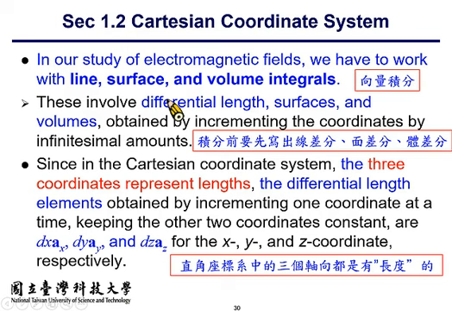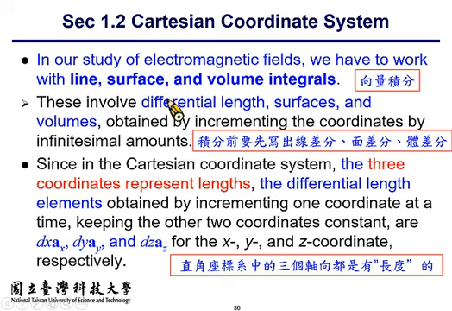And the ideas of line integral, surface integral, and volume integral, I believe you have also seen in your freshman year calculus or engineering mathematics, but unfortunately you probably do not have many chances to use them.